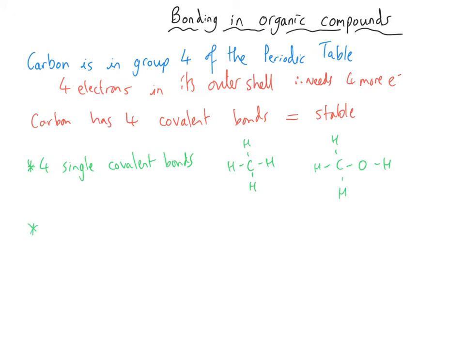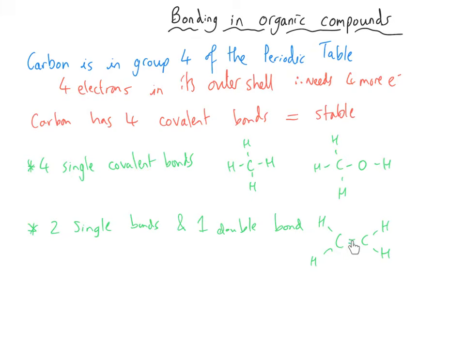Alternatively, it could have 2 single bonds and 1 double bond. And this is the case in molecules such as ethene. And what you'll notice is it does still have a total of 4 bonds.